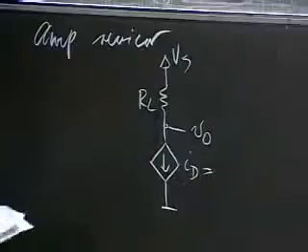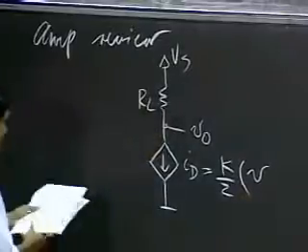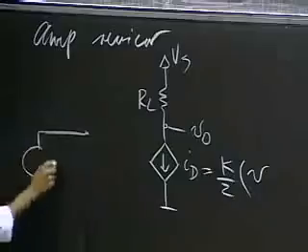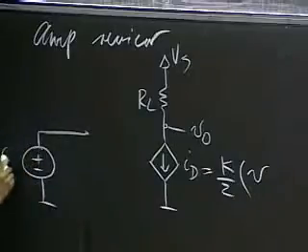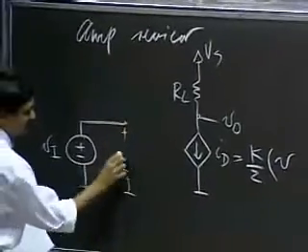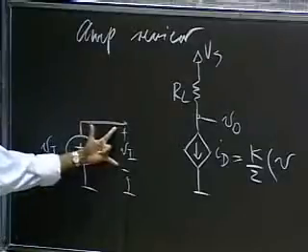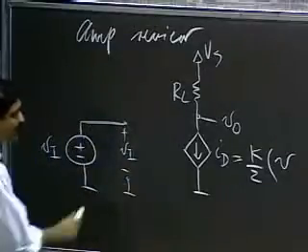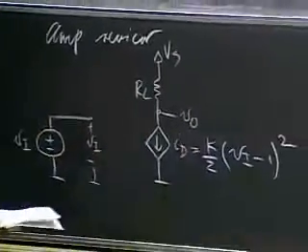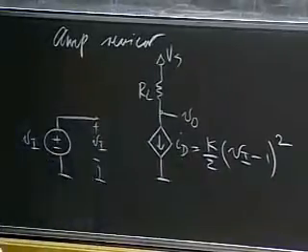And the current through the dependent source in the example we took was related to an input voltage VI, some voltage VI. These two were the control port of the dependent source, and VI was applied there. And I showed you a simple amplifier built with a dependent source that behaved in this manner.